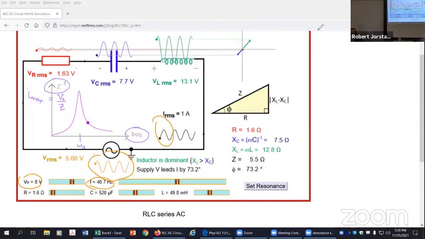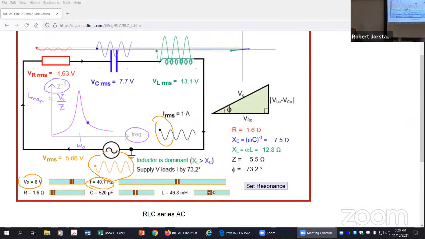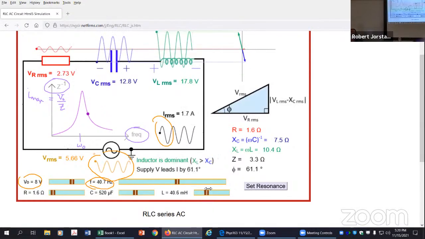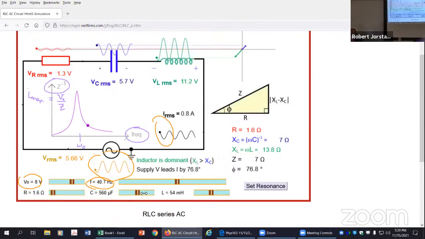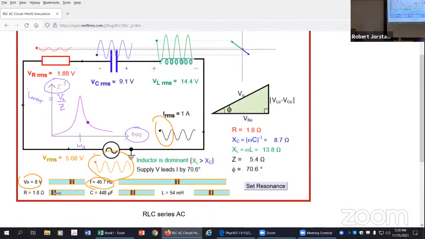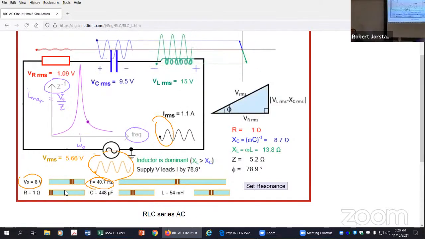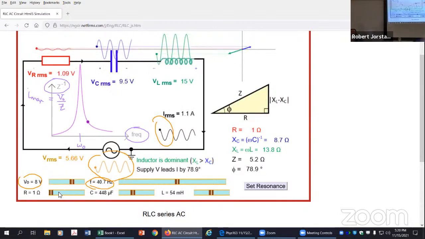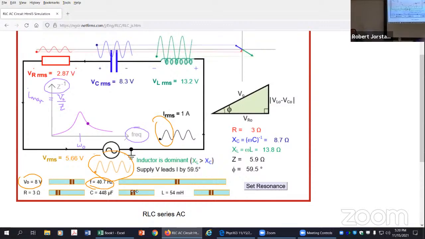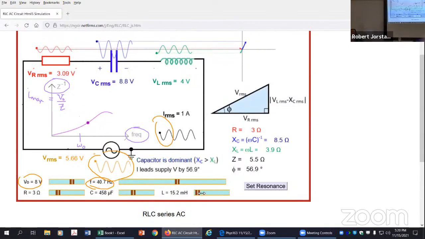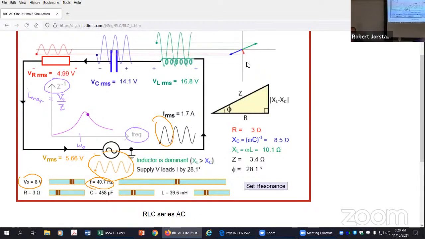If I change the inductance, I could change the location of the resonance peak. If I change the capacitance, I could change the location of it. If I change the resistance, I change the height of it. So resistance changes the height of the resonance peak. Capacitance and inductance change the location of it, left and right. Feeling good on that?